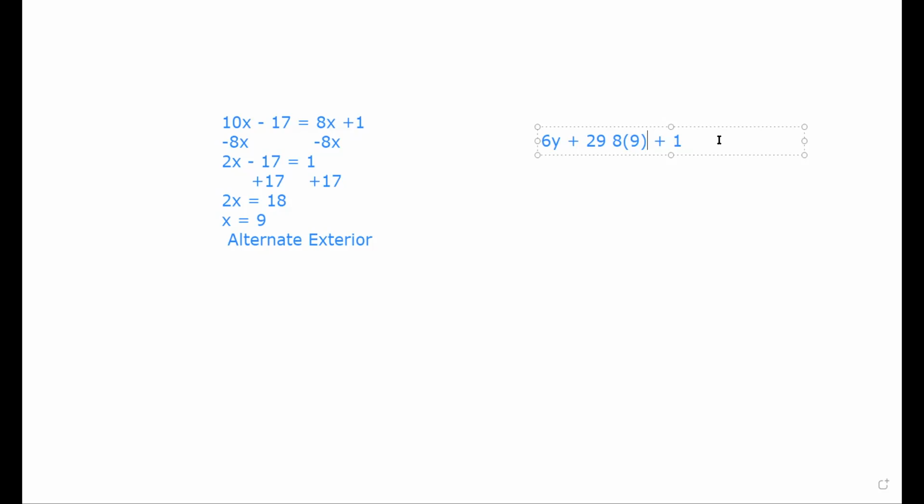Got one suggestion that they're equal. Well, to be equal, they have to be either corresponding, alternate interior, or alternate exterior. Those are the only three angle relationships that give you congruency.